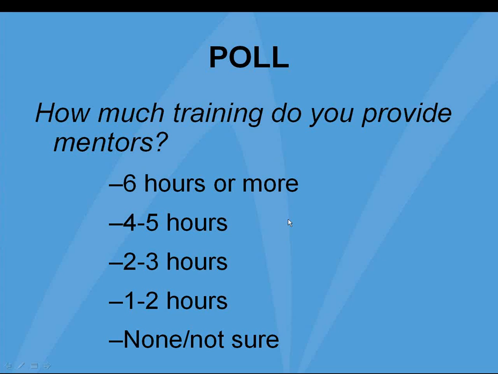So really what's most important, and one of the things that this study and other research has shown, is that depending on the goals of your program and the unique needs of the populations that you're trying to serve, it's important for you to prepare your mentors accordingly.